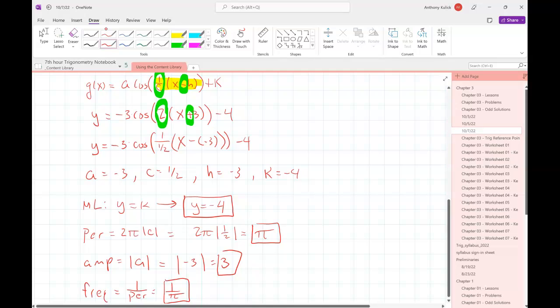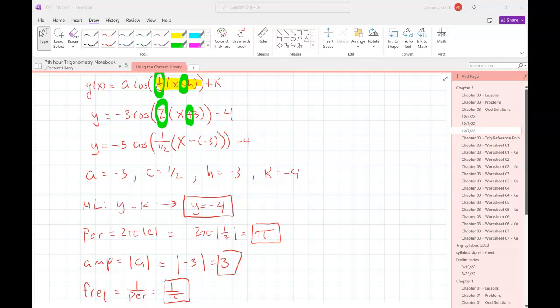What do you guys think? Pretty easy, right? No big deal. We're just filling some stuff into some formulas, which you should be saying, yeah, right on. I can fill some stuff into some formulas. Although getting ready for the test, what would Mr. Kulik suggest here?